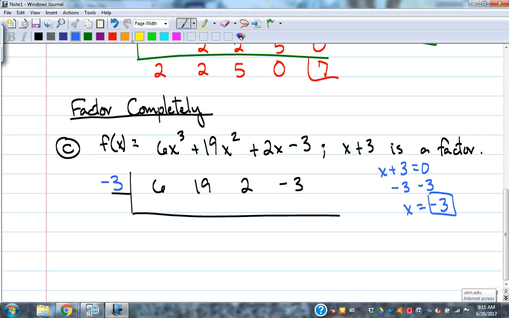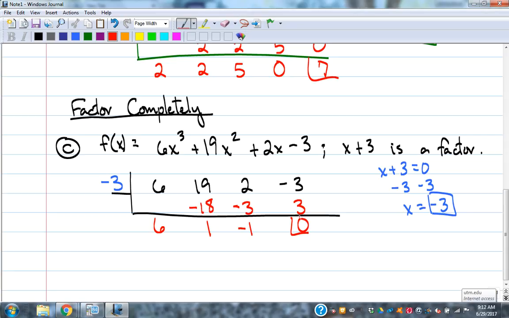So drop the 6 down, multiply, and then add through there. And there's my remainder of 0, which I knew should have happened.